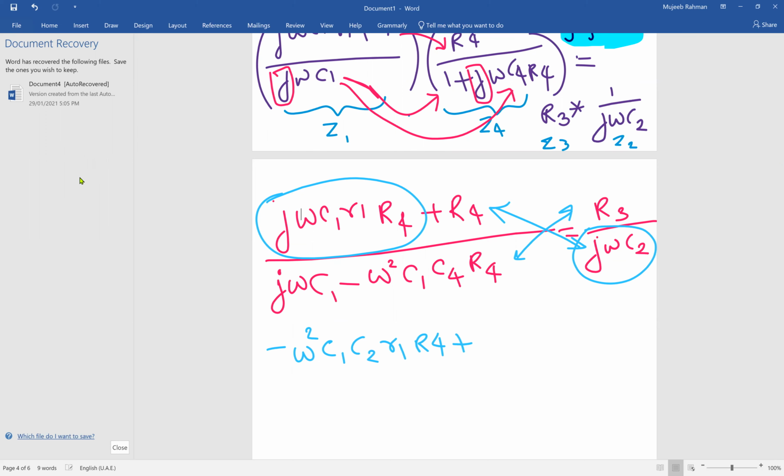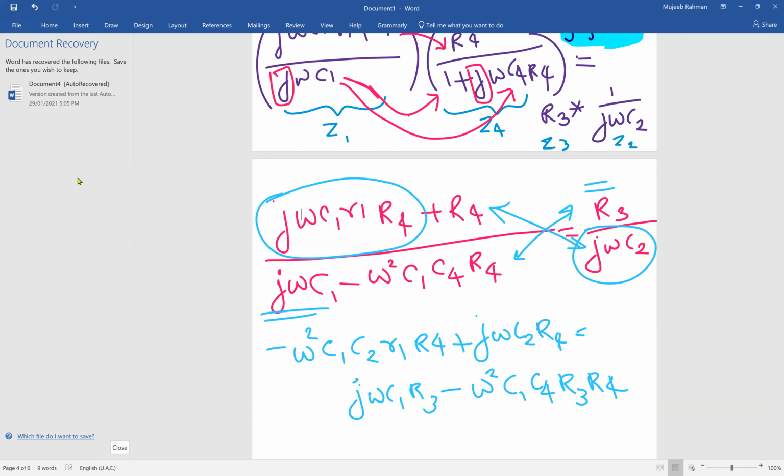Plus, if you multiply R4 with j omega C2, we get j omega C2 R4. That is equal to, now this part we have to multiply with this. That will give you j omega C1 R3 minus omega square C1, C4, R3, and R4.